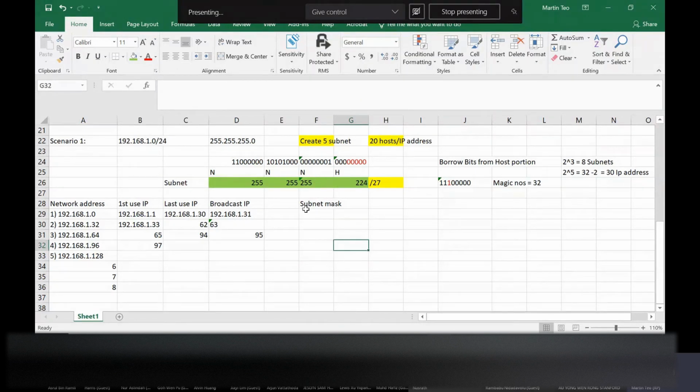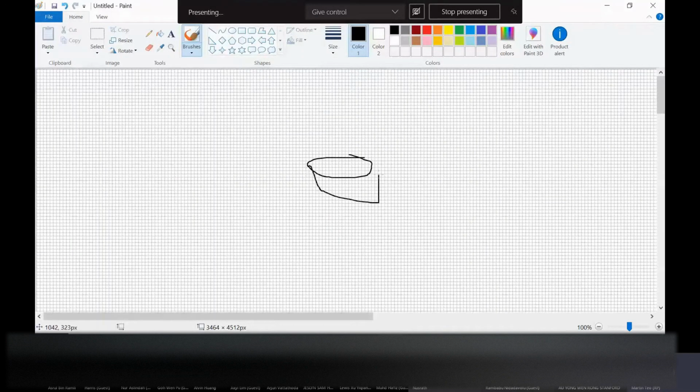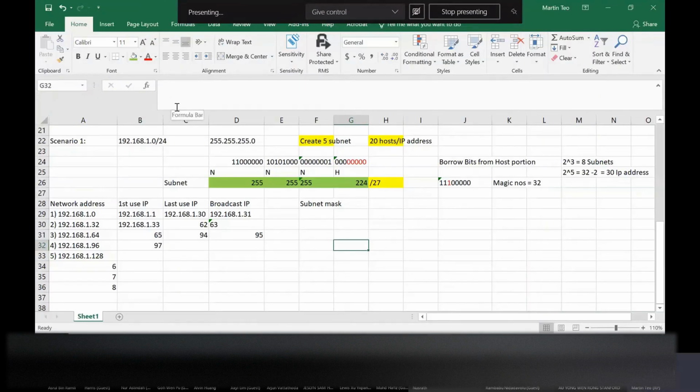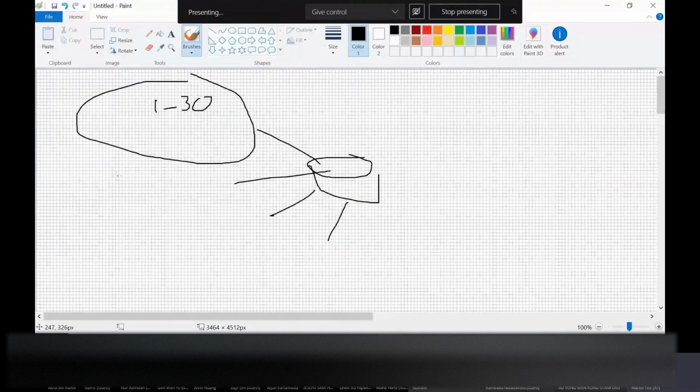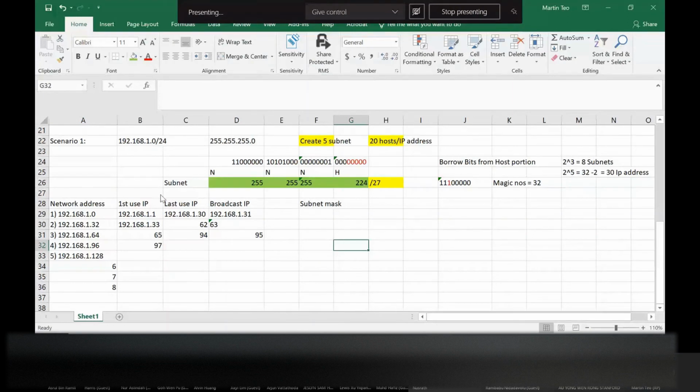I have mentioned that the subnet mask is used to let the router determine which subnet it is. In this kind of scenario, we have a router, then we have all the different subnets. This is from .1 all the way to .30. Another subnet is from 33 to 63.